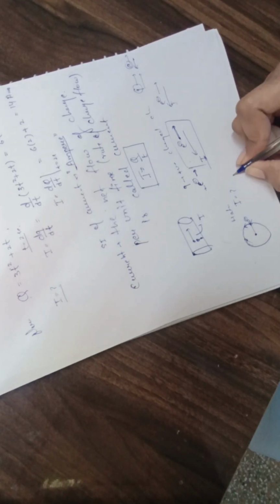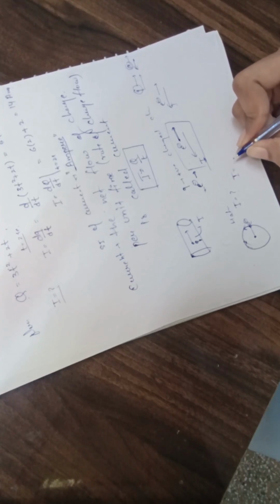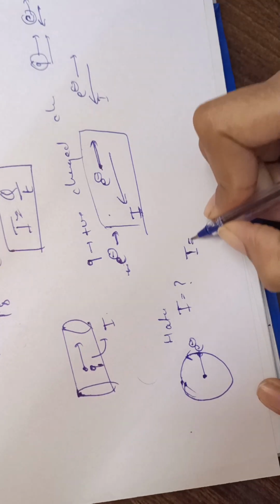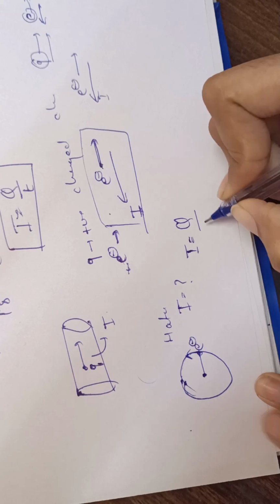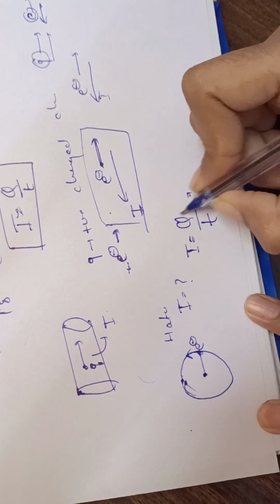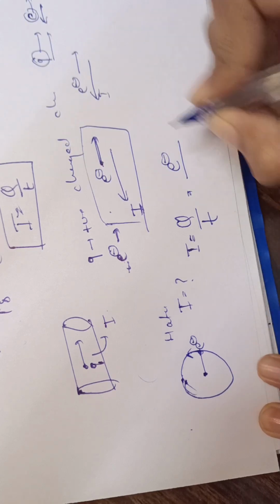We will find that from the basic formula of current electricity, that is I equals Q per unit time. We know that here Q is our electron charge, and T is the time interval.